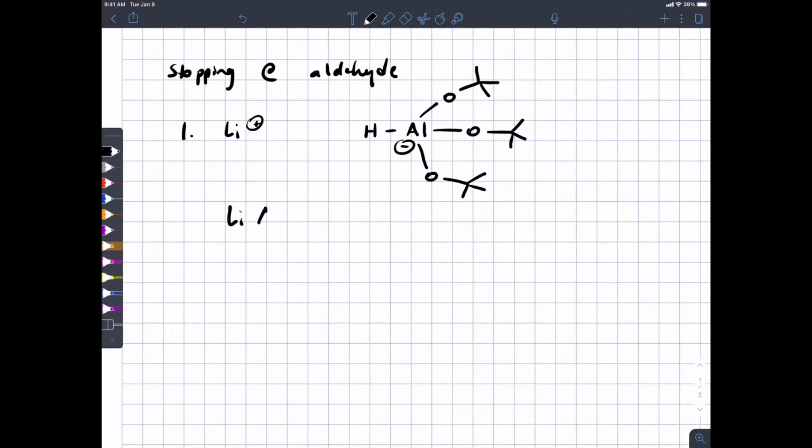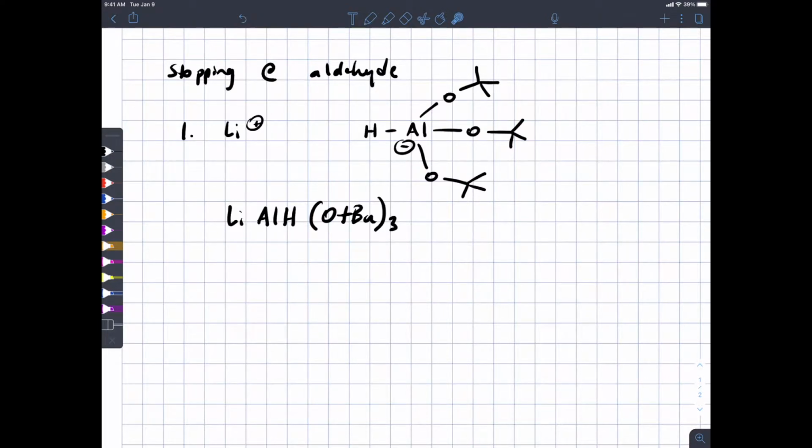And if you try to pronounce this name, it's terrible. Lithium tri-tert-butoxy aluminum hydride. It's terrible.